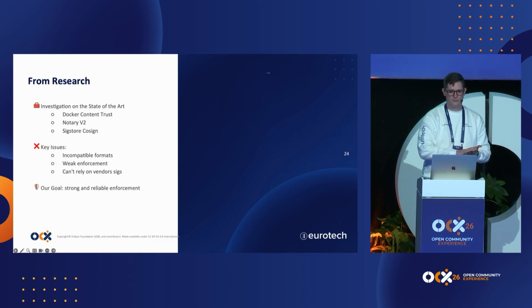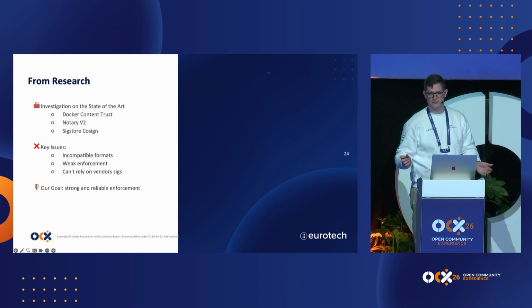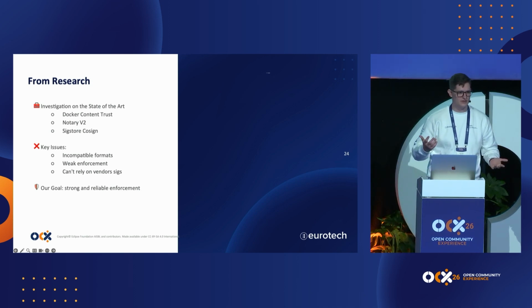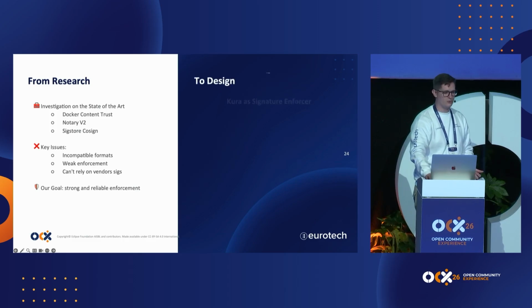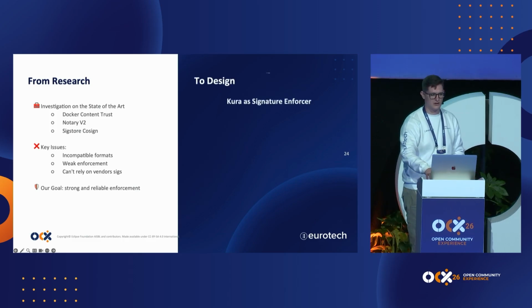So our goal was to create a strong and reliable enforcement. We had lots of meetings, and we noticed that we are developers, so we can develop something. And we decided to develop our own signature enforcers on Kura.